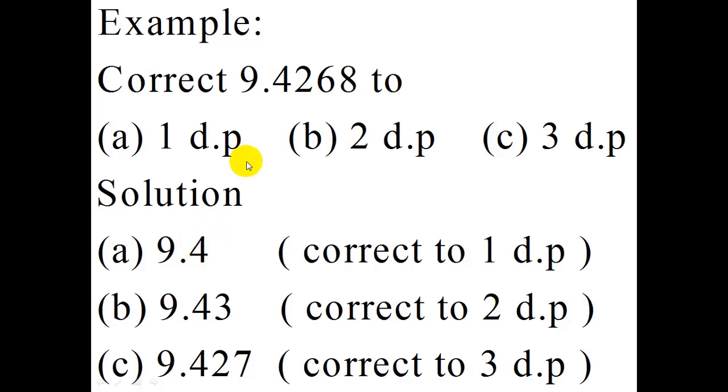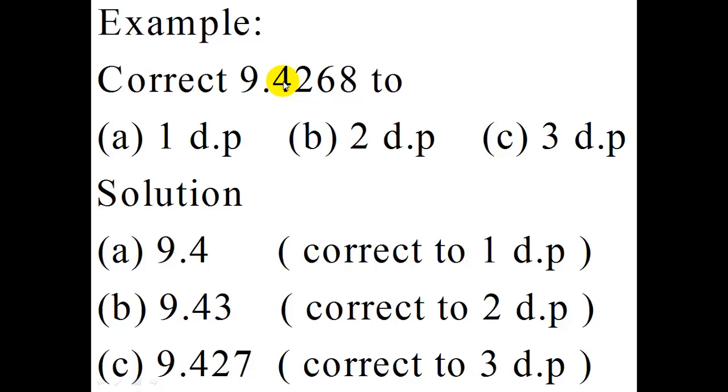Why? This is because the number 9.4268 is in 4 decimal places. So if you are to correct this number to 1 decimal place, then we count the digit after the decimal point. So 1. So it's supposed to be 9.4.